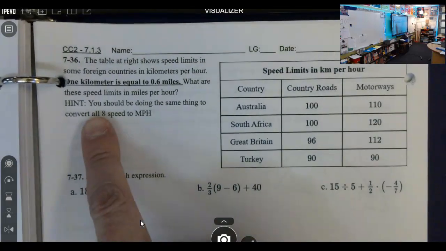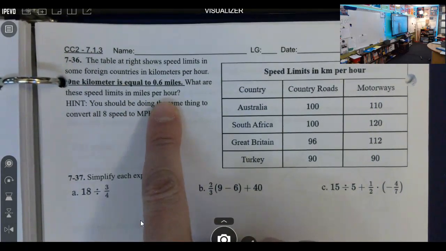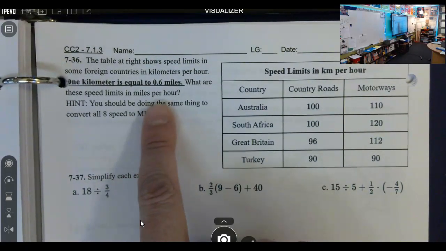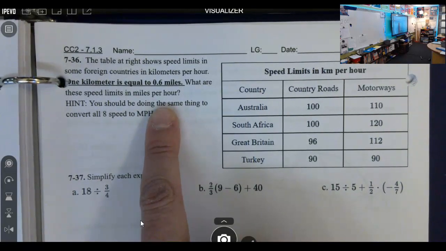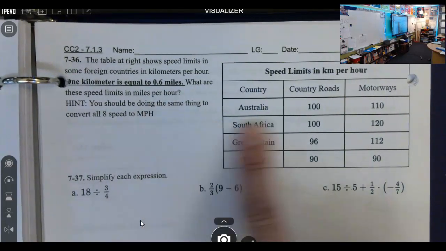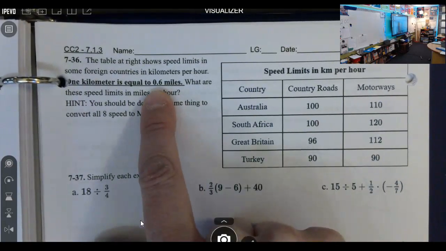So what are these speed limits in miles per hour? Well, guys, if we think about what speed limits are normally in miles per hour, are they normally under 100 or over 100? Under, right? Because we use miles per hour here in America. So the question to ask yourself is, with that 0.6, what should we be doing with that?